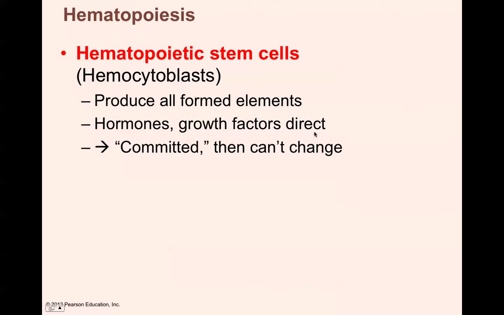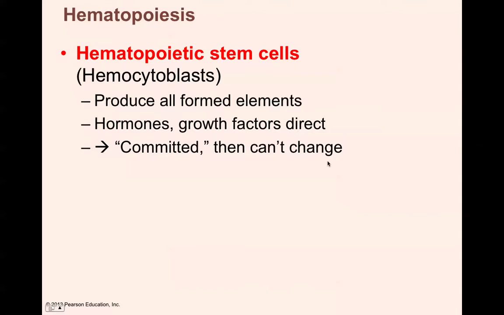Like, for example, in order to produce red blood cells, it goes in one direction. To produce white blood cells and the various types of white blood cells, it will go in a different direction. And then to form platelets, it will go in yet a different direction. And there's a figure coming up that illustrates this. Once the cell is down the pathway, it's committed, so it would have to stay in that pathway.